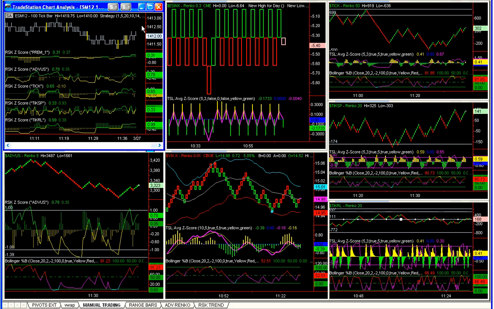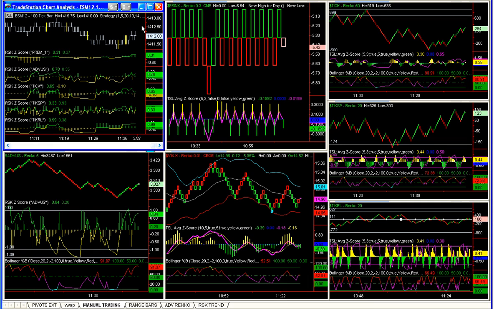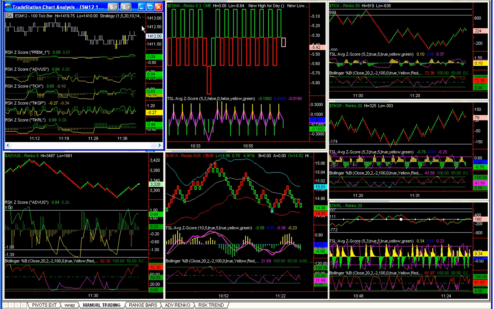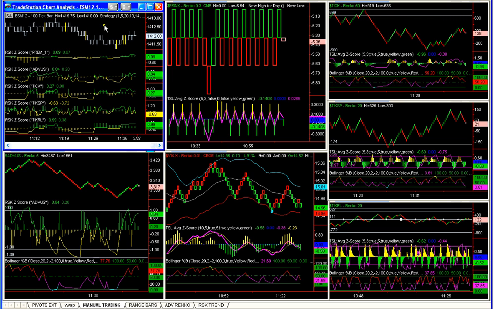To keep track of the Fibonacci, you'll probably need to have that on a different workspace. But those are just numbers. You can keep those numbers in your mind. So if you have any questions, email me, let me know, but that should pretty well establish what you need to know to manually trade using this workspace, and that concludes this video.